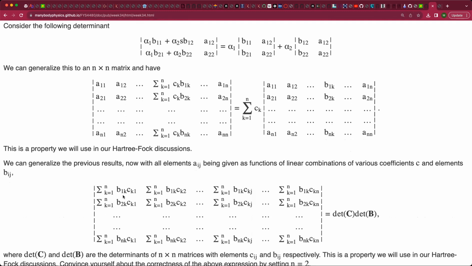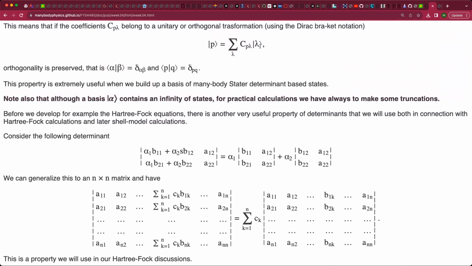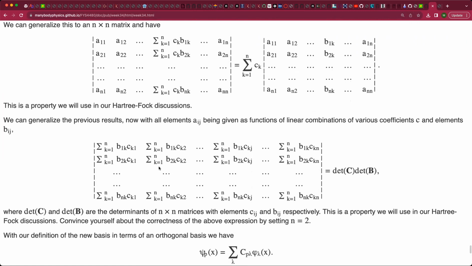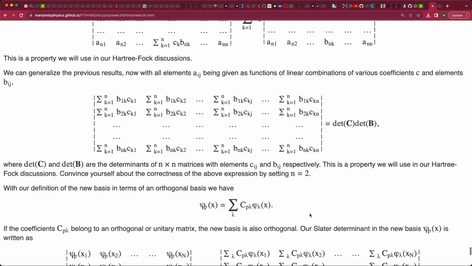That means that if I do this on all the single particle states, so I start with, say, a harmonic oscillator basis here, and I make a transformation to a new basis for all the single particle states in my Slater determinant, then you can actually rewrite this as a determinant C times a determinant B. This is very important for us because we can use this to show that if the basis we have chosen, the original one, which defines this determinant B, is orthogonal, then the basis of Slater determinants is also going to be orthogonal.